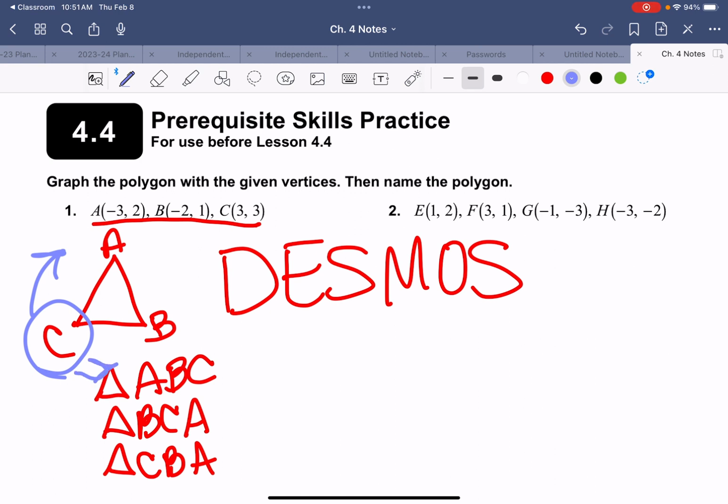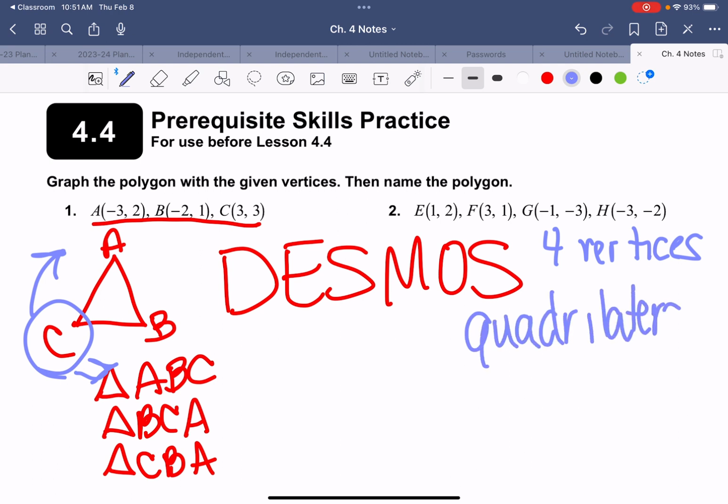clockwise or counterclockwise. Now in the second one, I know for a fact just by looking at it, because it has 4 vertices, that it is a quadrilateral. And then when I graph it, it comes out to be a rectangle. Now, when you name these you have to be very, very specific.